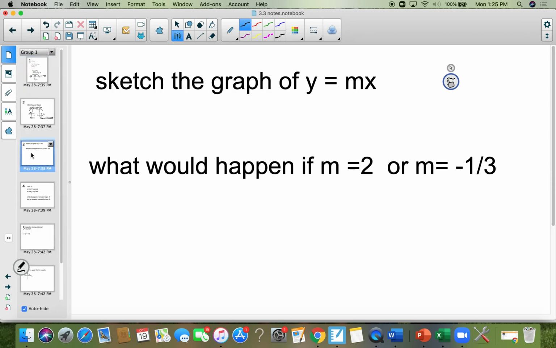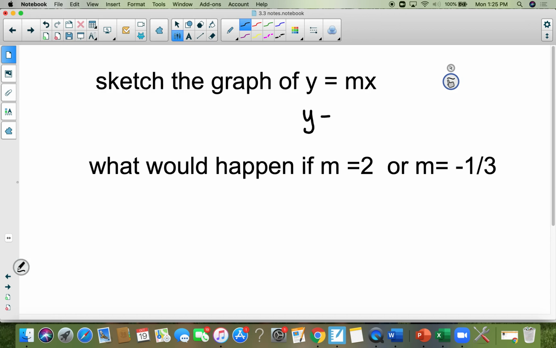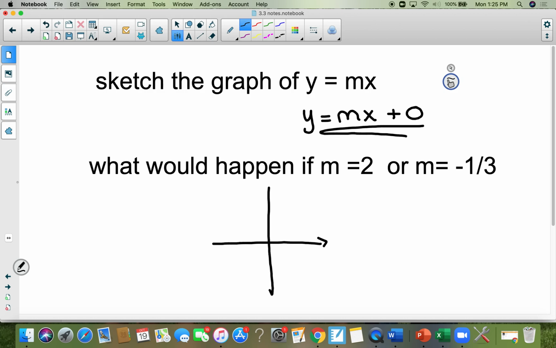Okay, they want you to sketch the graph of y is equal to mx. Basically all they're saying is y equals mx, and then there's an imaginary 0 at the end of this. So basically they want you to graph it. If there's no number at the end, it has to have a y-intercept at 0.